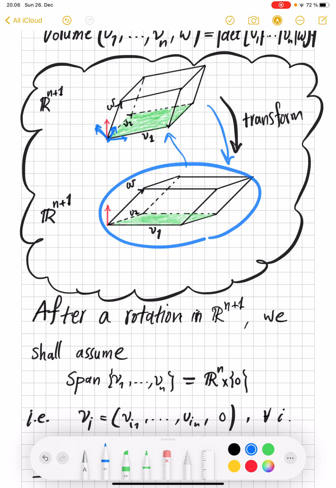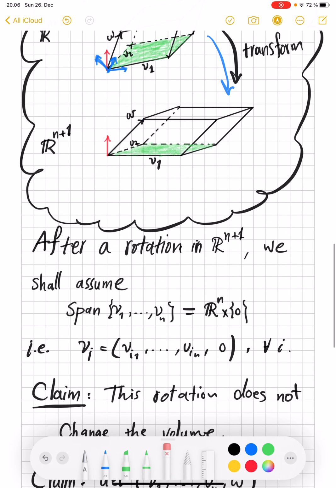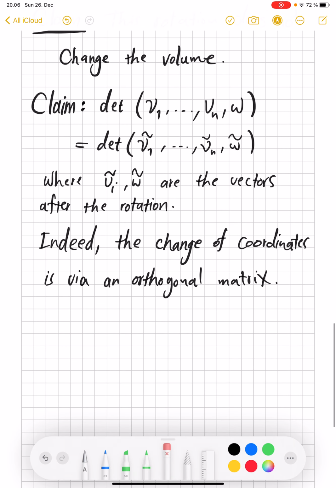If you declare these blues to be your new orthonormal basis of Euclidean space, then the change of coordinates matrix, the change of bases, we know from linear algebra, comes from multiplying by some matrix. That matrix will be an orthogonal matrix.